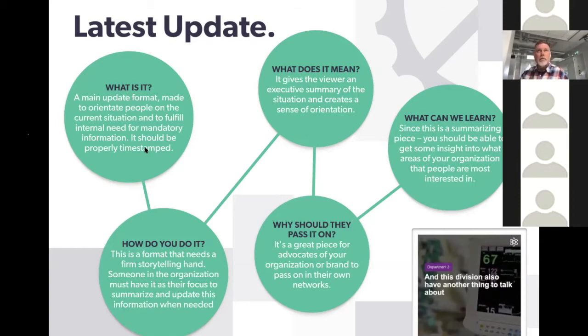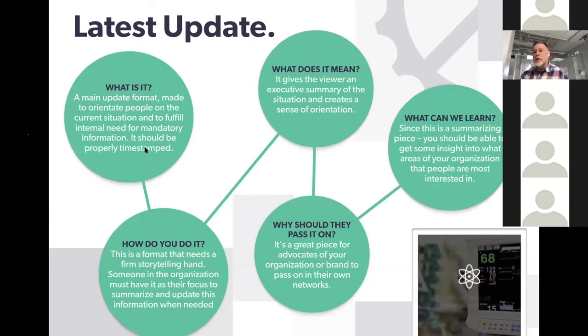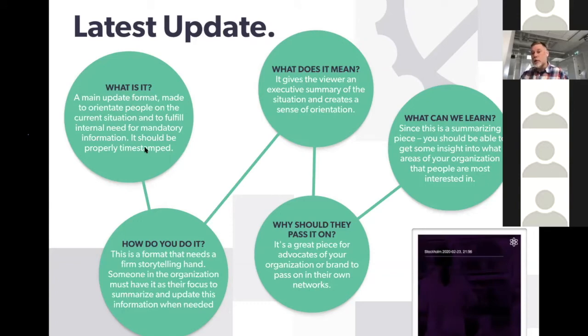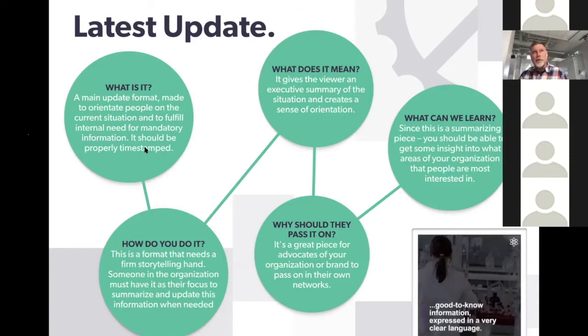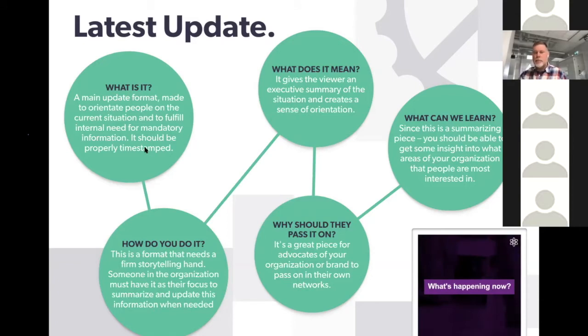And if it gets shared, have a look at how people are sharing this to see if you can gain some productive insight into how people are viewing this communication, because it may differ from what you expected it to be. So be wary about the vectors for sharing for all kinds of formats that you are putting out there.